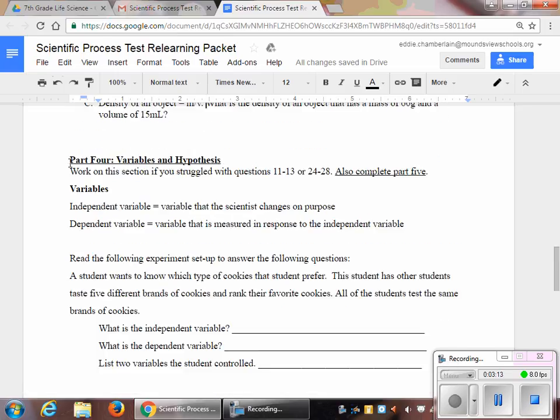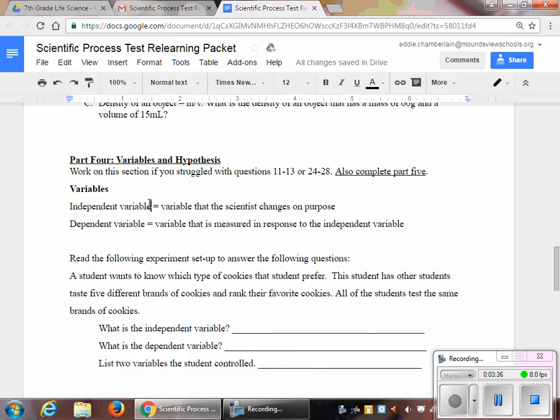So variables, as we remember in our lab, are things that might be different when we do a lab. They're usually things we can look at the beginning of the lab. So an independent variable is something that you're going to decide to change. For example, if I wanted to know what items might make the best dirty water filter, like the lab we did, independent is what you're going to change on purpose.